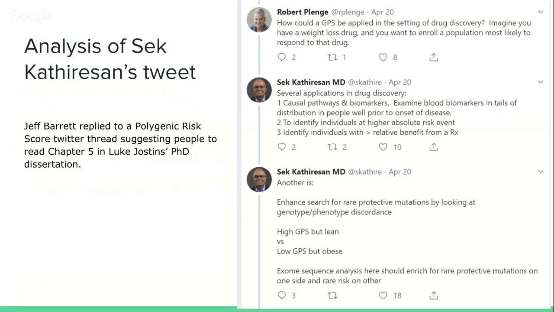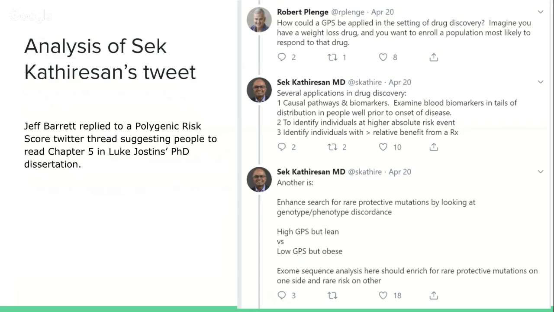He answered a series of replies where people were asking how useful it is, how much we can learn from GWAS, where we genotype tens of thousands of individuals. We learn about 1 million SNPs per individual, and then we associate their BMI to some of these SNPs.